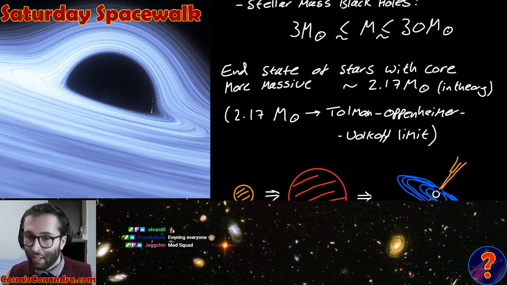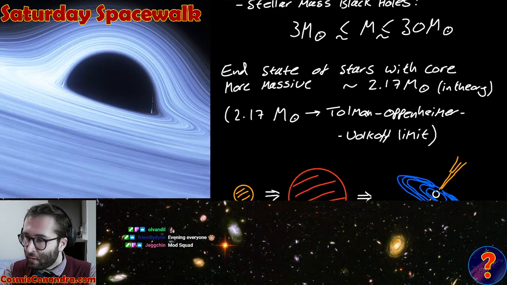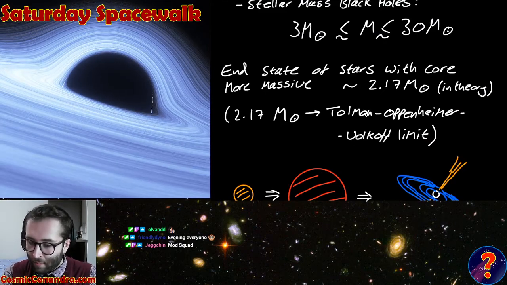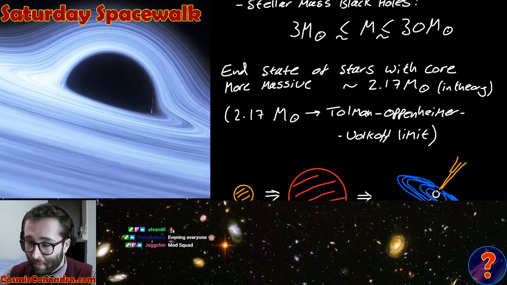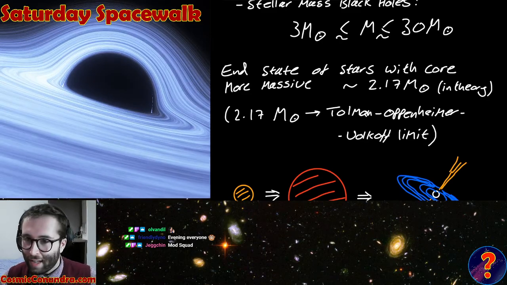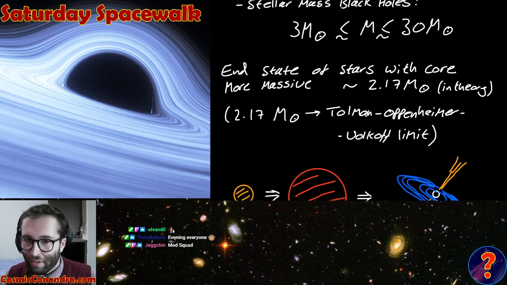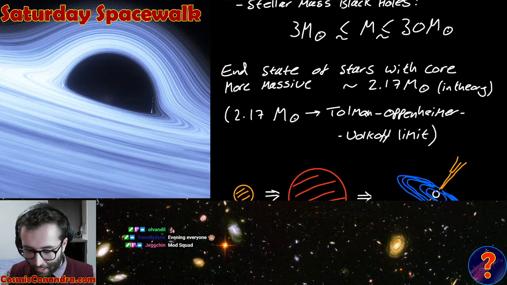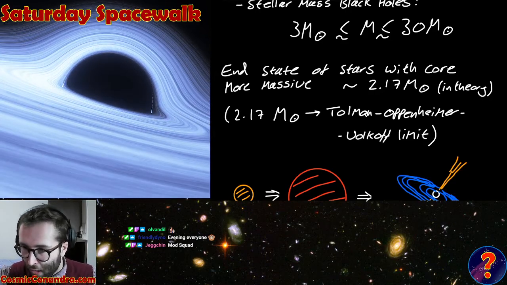Just like white dwarfs have a maximum size that we call the Chandrasekhar mass, neutron stars also have a maximum size, though the name for it is a little bit less well known just because it's quite a bit longer. This is the so-called Tolman-Oppenheimer-Volkoff limit.